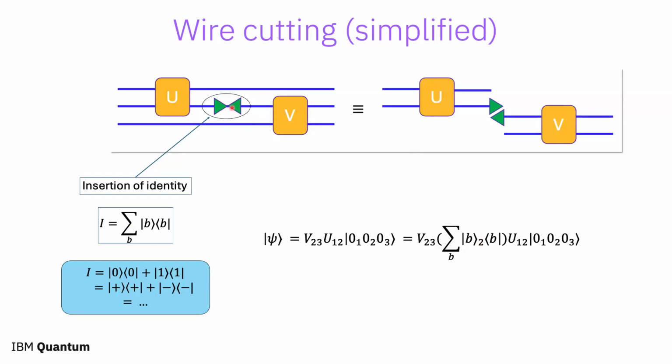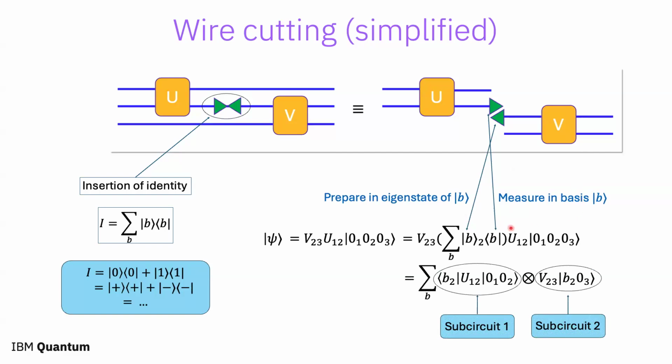Now what I can do is say that this part is my first circuit, this part is my second circuit. What do these arrows mean? This arrow means that I am going to measure in basis B. And this arrow means I'll prepare in the eigenstate of B. So it's in some way measuring the state in a basis and preparing it in the corresponding eigenstate of that measurement basis.